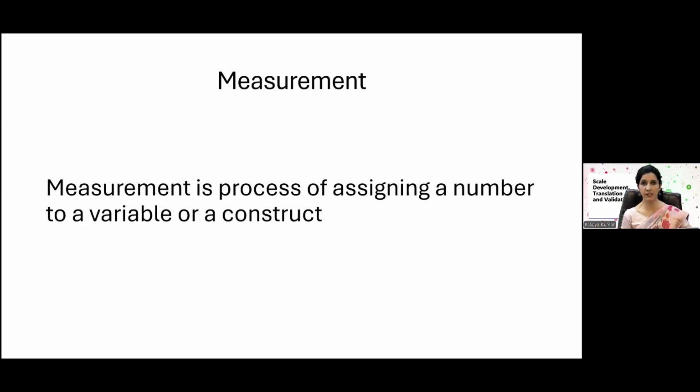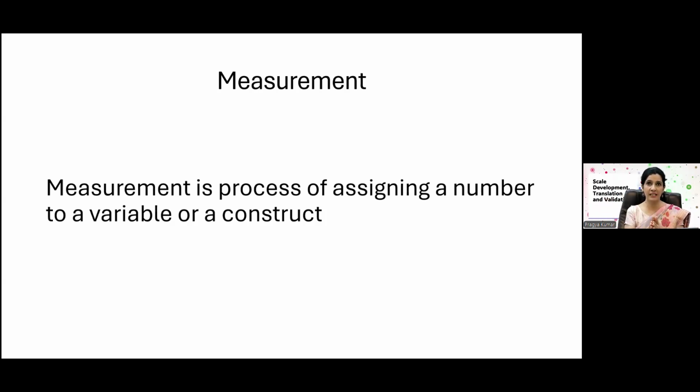So we have seen till now that measurement is something where we assign a number to a variable or a construct, because even if you have these items, you take the responses in a Likert form or in a yes or no. If you like doctor-patient ratio or care given on time, you can also have a Likert item, or again, you can have a yes and no type of binary item response format.